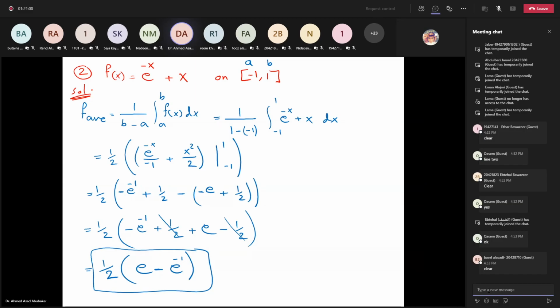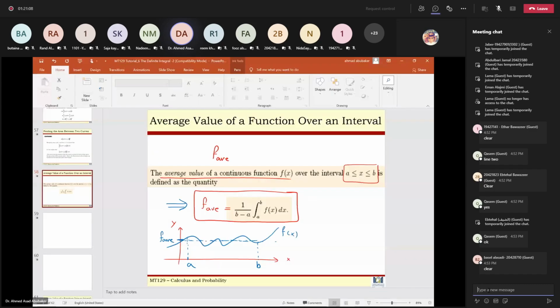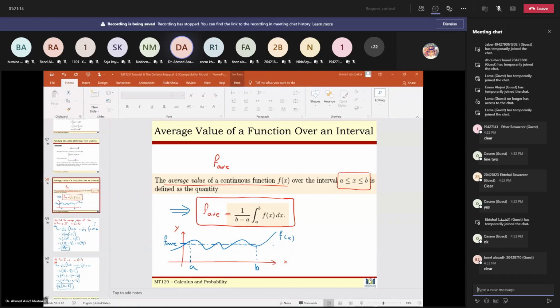At this subject, we finished tutorial number 6, the integration. Any question about this subject, or in chapter 6, tutorial number 6?